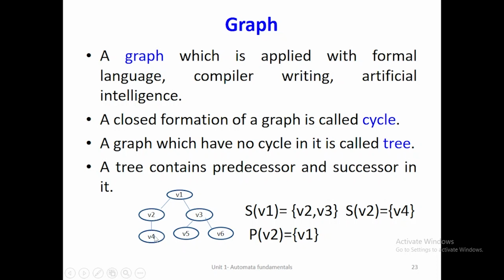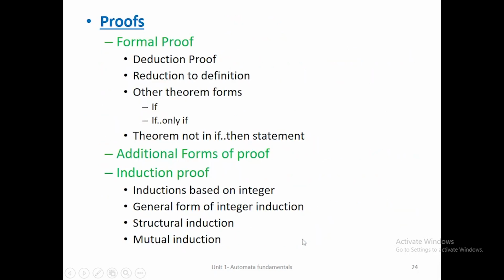V2 child is V4, that means V2 successor is V4. So for example, successor of V1 means children, so V2 and V3. Successor of V2, there's only one child, that is V4. Predecessor of V2 contains only one parent, so it is denoted as V1.